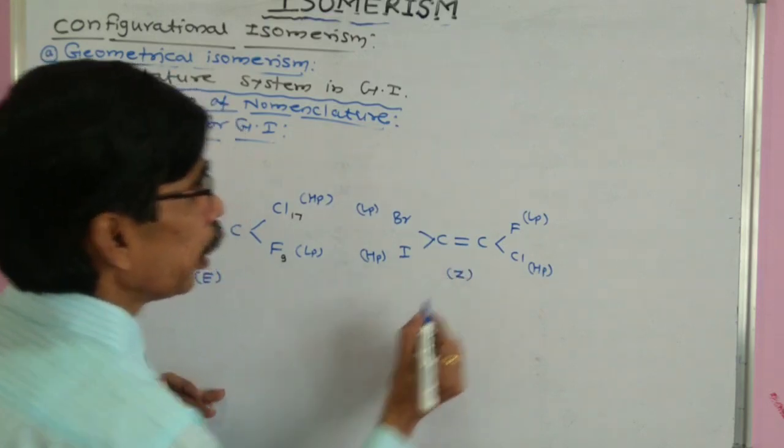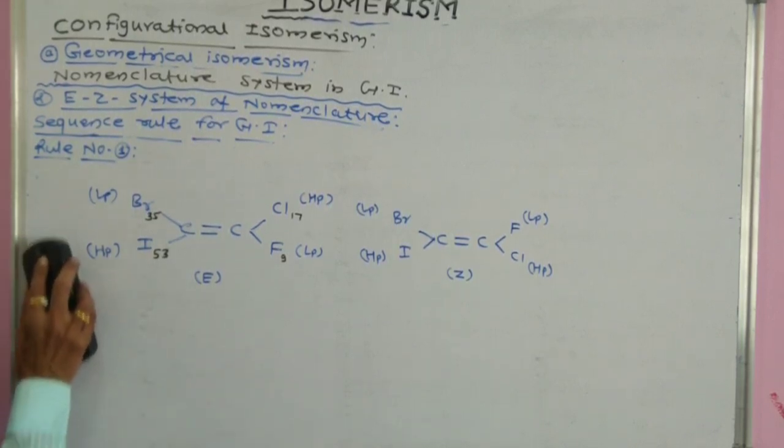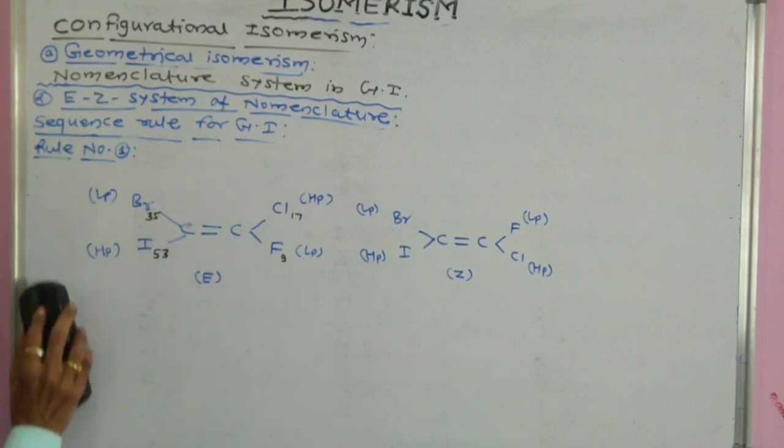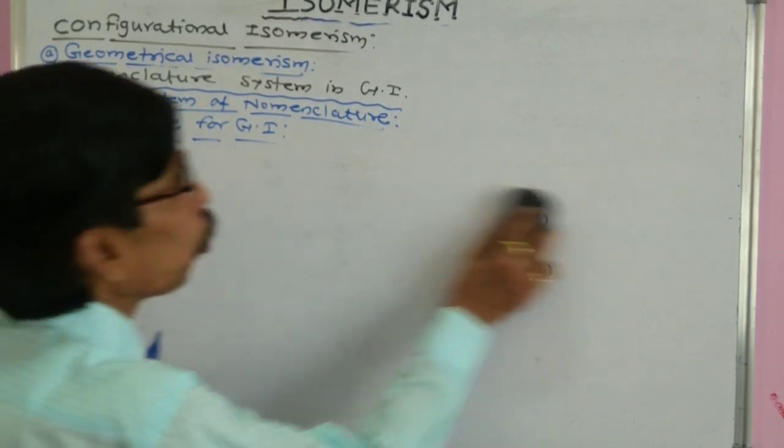Therefore, it is denoted by Z. So, this is rule number 1. Rule number 1, the sequence priority of atom or group at carbon atom is decided on the basis of atomic number. That is, the priority is directly proportional to atomic number.